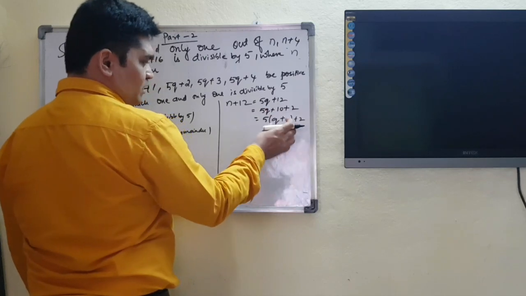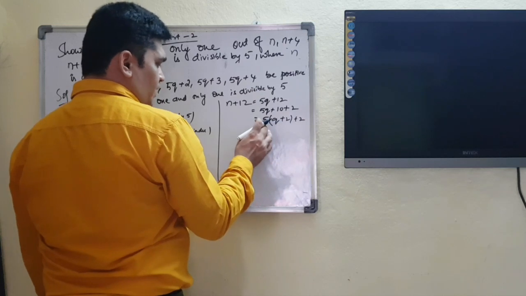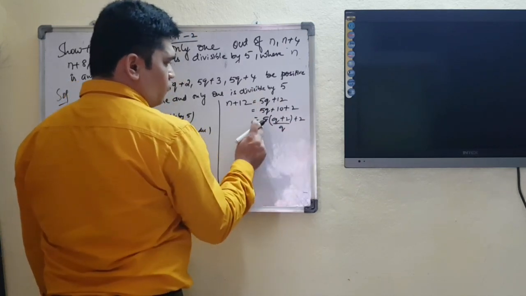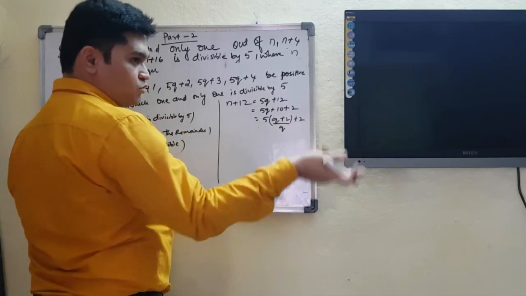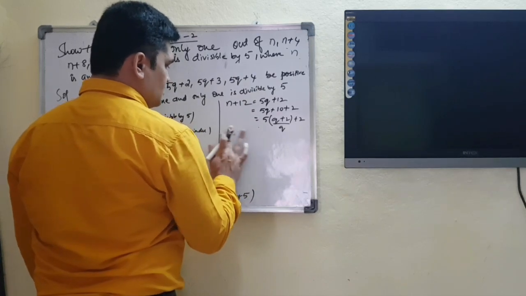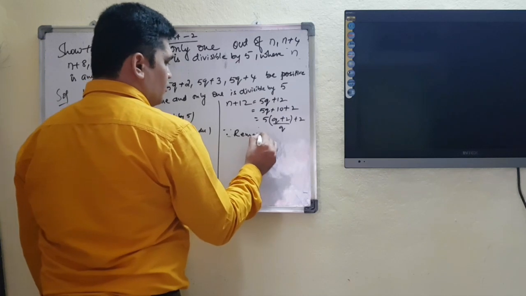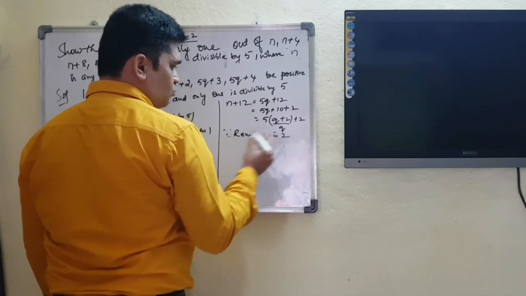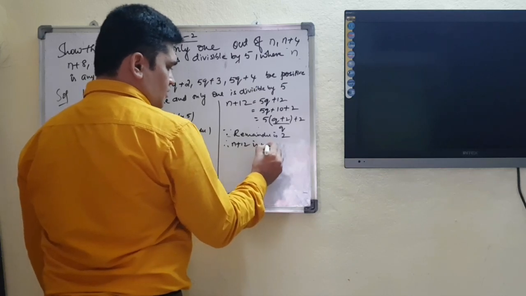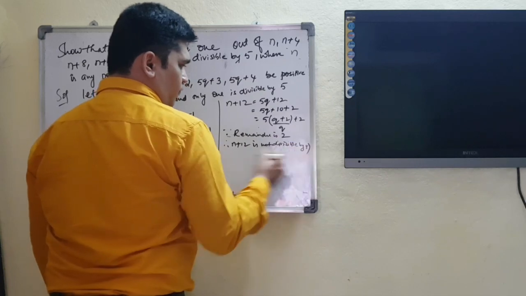Assume q plus 2 in the bracket term as some integer, let it be q again. So 5q plus 2. Since the remainder is 2, again it is not divisible. Therefore we can say that since remainder is 2, n plus 12 is not divisible by 5.